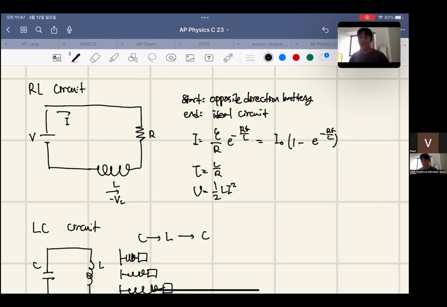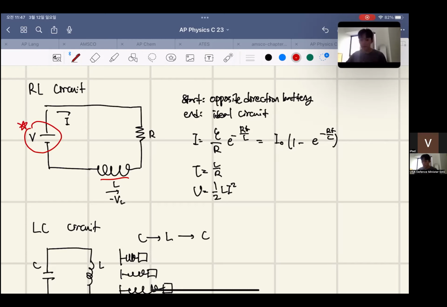And that is why when you connect an RL circuit with a voltage source or battery, initially, at the starting point, the inductor works as a voltage equal to the battery's voltage, except in the exact opposite direction.